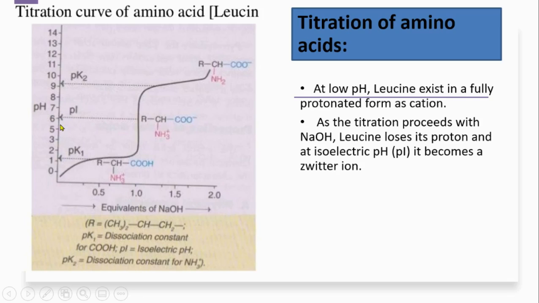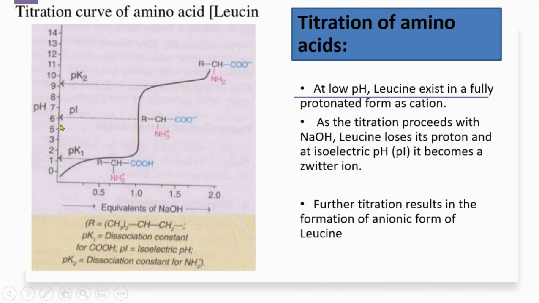It is 6 for leucine. Further titration results in the formation of the anion form of leucine. At higher pH, it is in the anion form. So, at isoelectric pH, leucine is neutral. At low pH, it is a cation, and at high pH, it is in anion form.